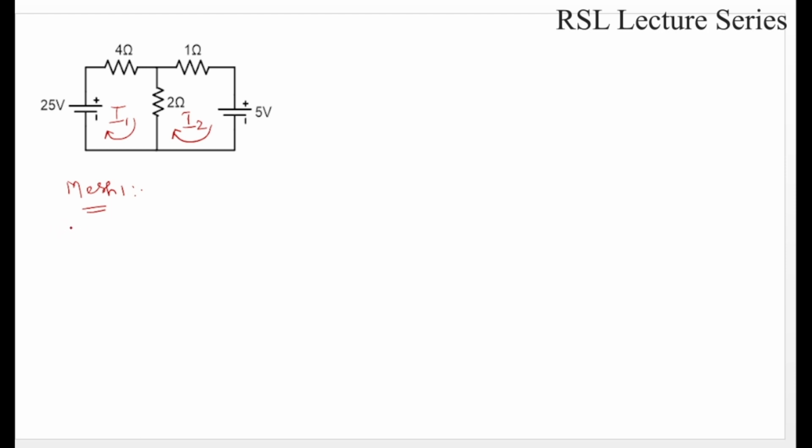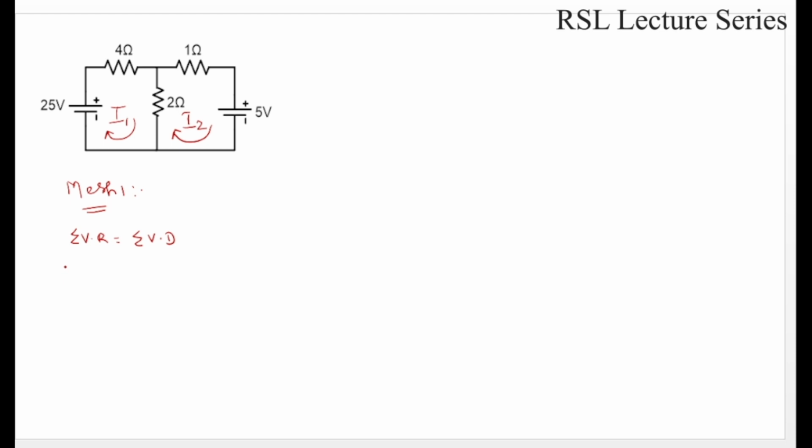We all know Kirchhoff's voltage law. It states that the sum of the voltage rises is equal to the sum of the voltage drops in a closed circuit or a closed loop. Voltage rise is always written with respect to the voltage source only.